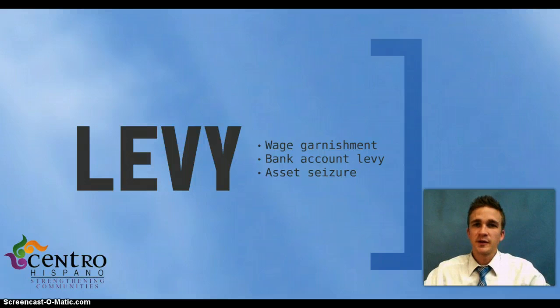First one is wage garnishment. That's probably the most common, and that's where they basically just take a certain percentage of your paycheck each time you receive a paycheck for your pay period. And they can do that indefinitely until they collect on the debt, or something changes, you present new information, which we're going to get into in a second. And then you have the bank account levy.